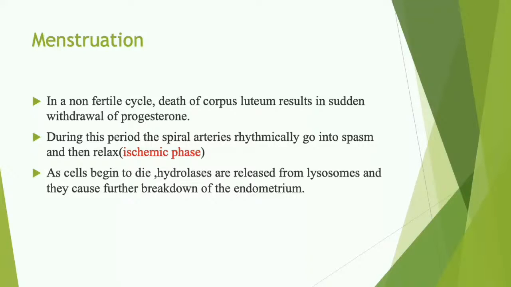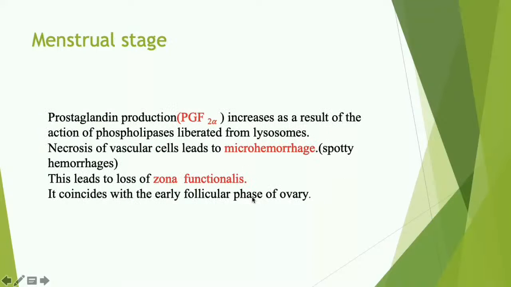So in this scenario, what happens is the spiral arteries rhythmically go into spasm and then relax, forming what is known as the ischemic phase. Now when there is no blood supply or the blood supply is compromised to the stratum functionale, the cells begin to die, and you have hydrolytic enzymes which are released from the lysosomes and which cause the breakdown of endometrium, right?